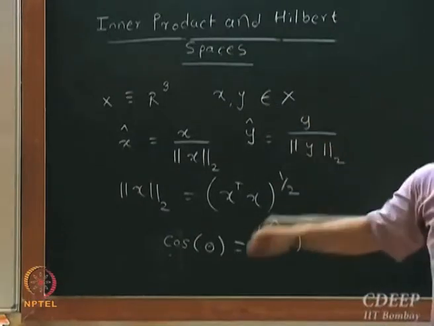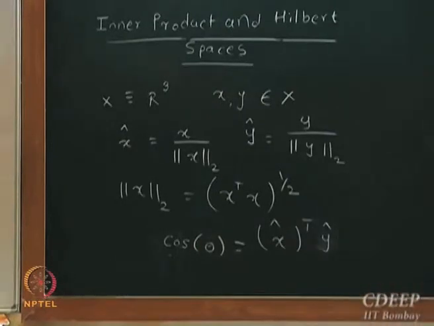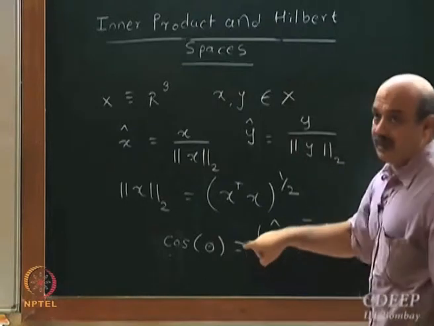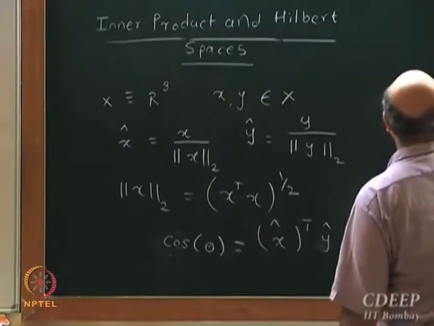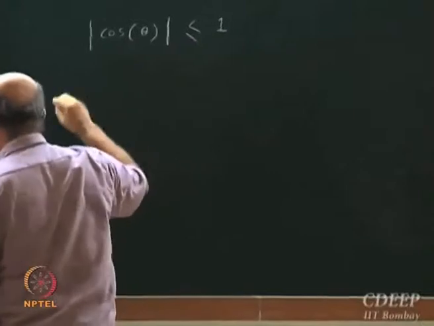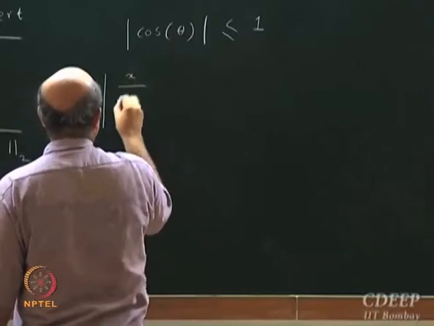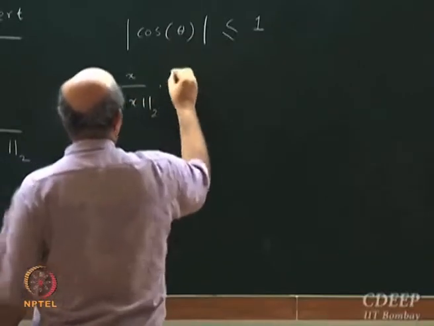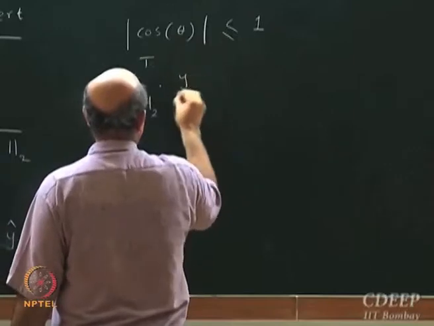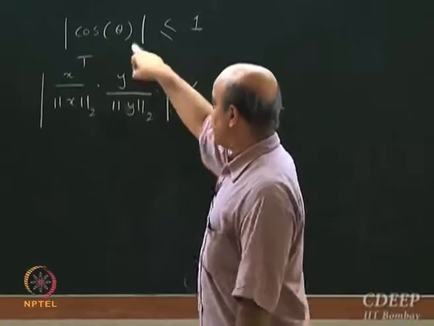Now what we know from trigonometry is that cos theta is always bounded between plus and minus 1. Another way of stating this is to say that mod cos theta is less than or equal to 1, or this also means that in 3 dimensions, x divided by norm x, this is another way of writing the same inequality.